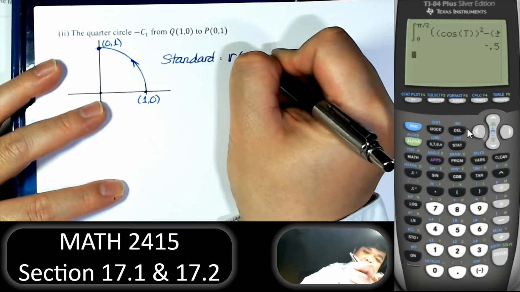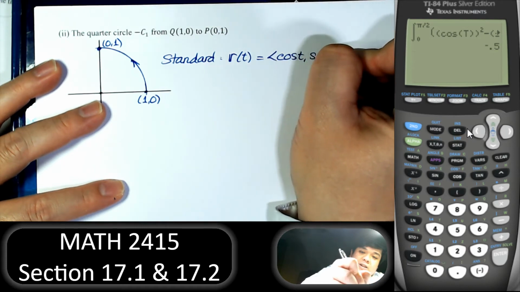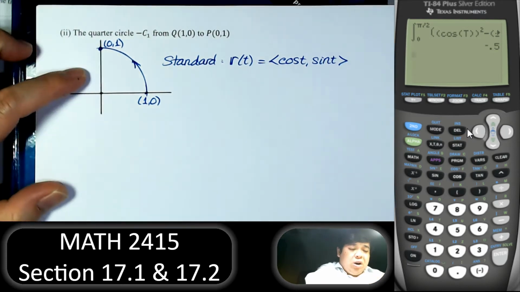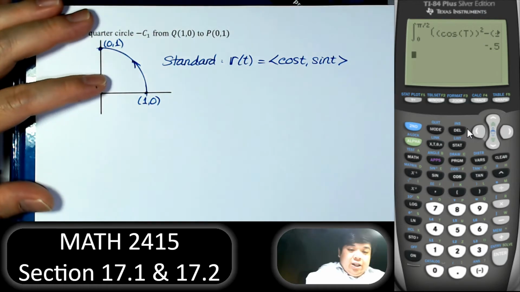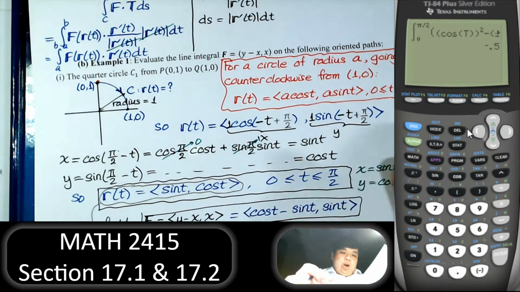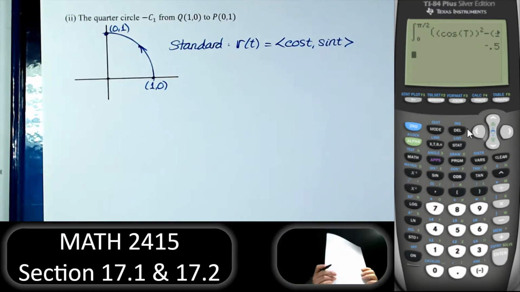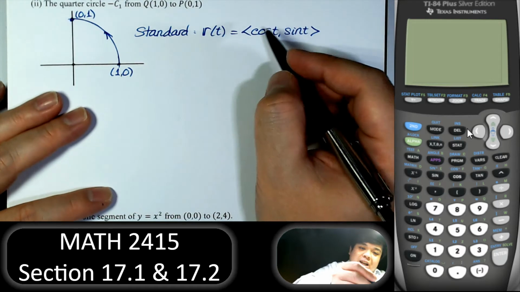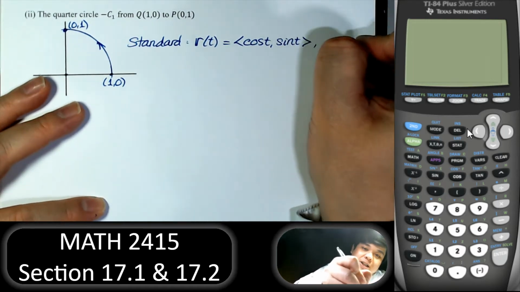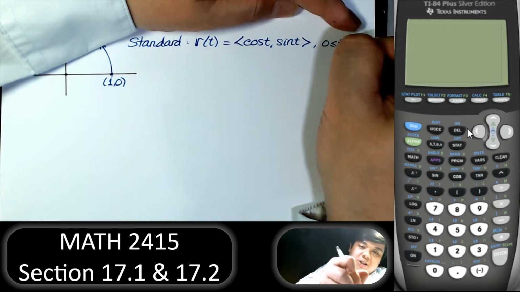r of t equals cosine and sine. Radius is 1, so that's why we put 1, 1. So we don't have to do anything. Yeah, we don't have to go here and then work out. So for x and y, just that. It goes just a quarter of the circle, so the first quadrant.